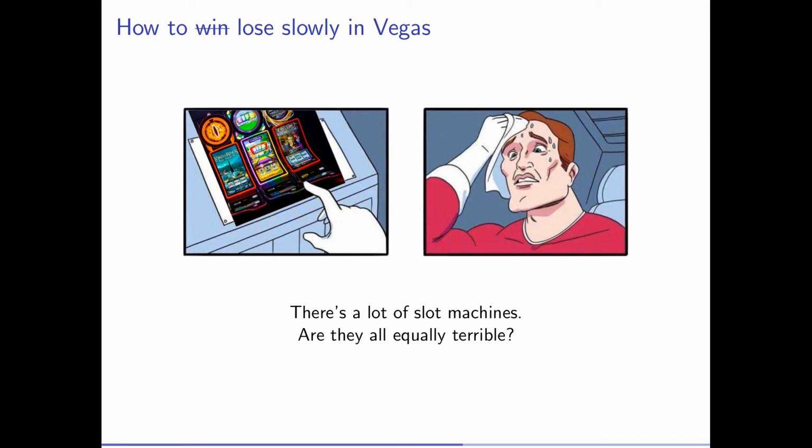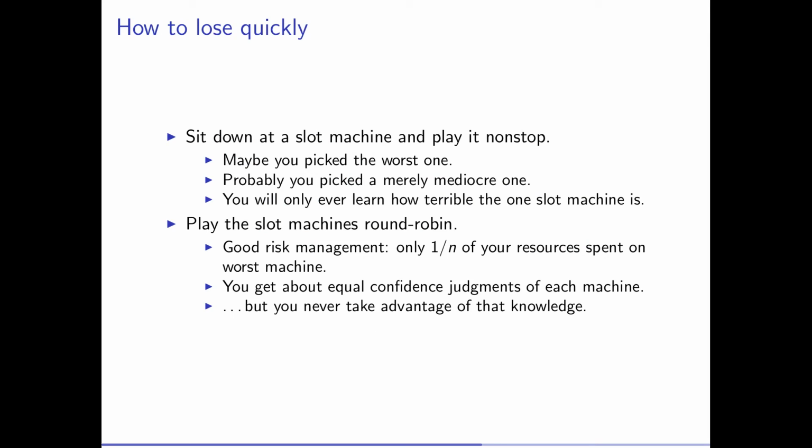It might be that some of them are slightly less bad than other ones, and ideally you'd like to figure out which ones are slightly less bad and play those the most with your $20. Okay. So there's a couple of obvious strategies that don't do very well. So here's how to lose quickly.